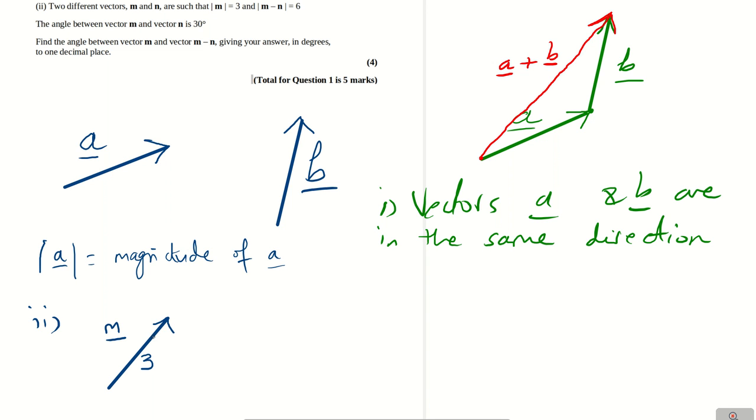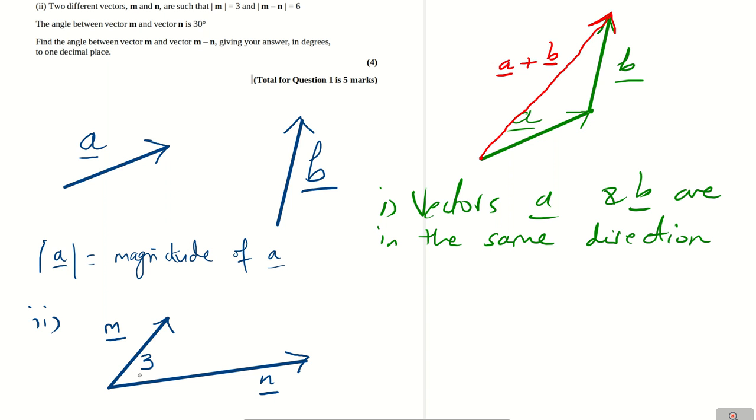Well, supposing my vector n is coming off like something like that. So there's my vector n. It tells us that the angle between m and n is 30.